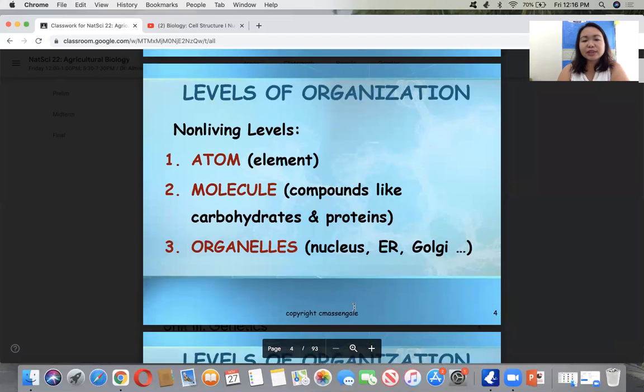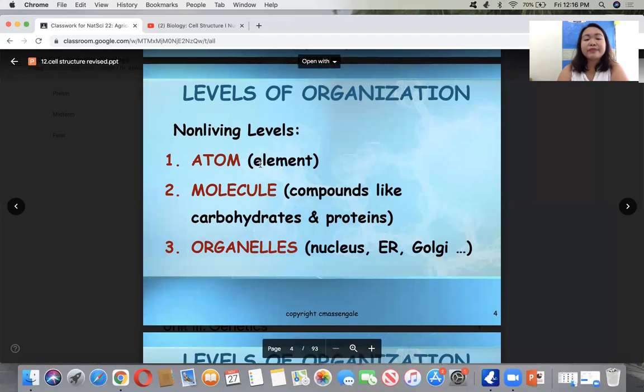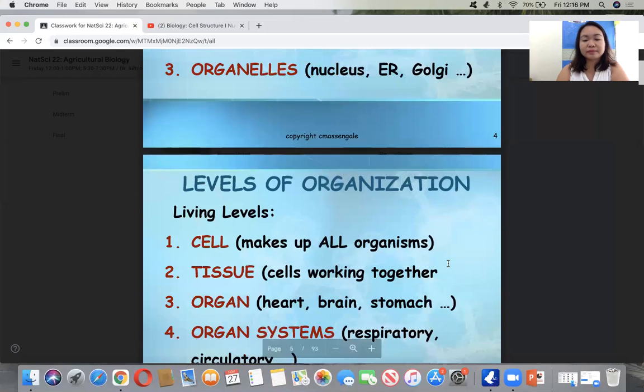There are levels of organization. For the non-living levels, there is the atom, which is the element, the molecule, which is compounds like carbohydrates and proteins, and organelles like the nucleus, the ER and Golgi, and so on.